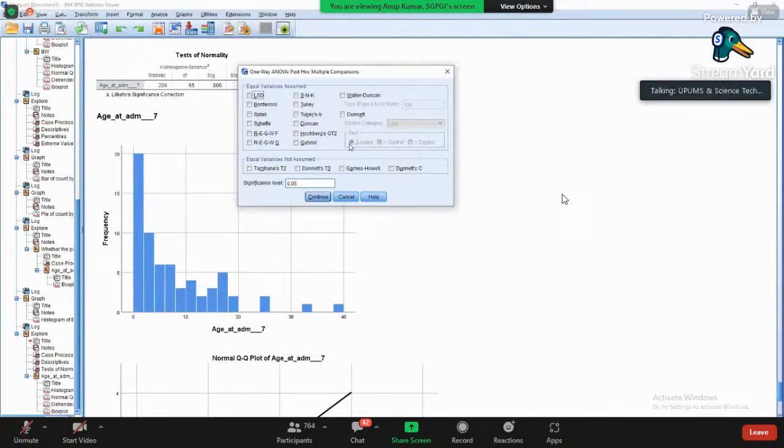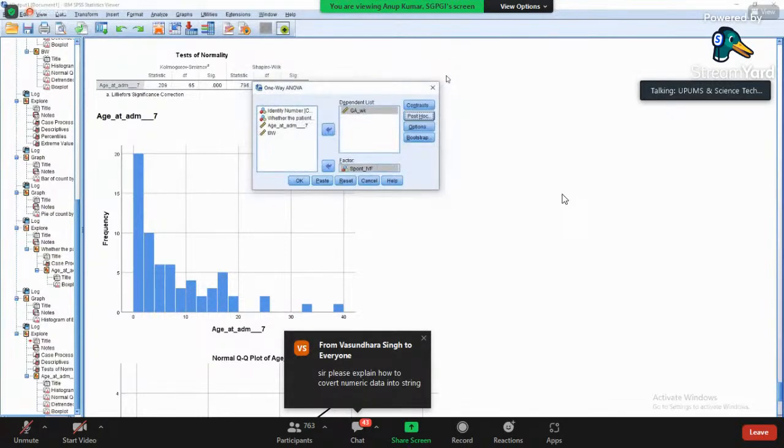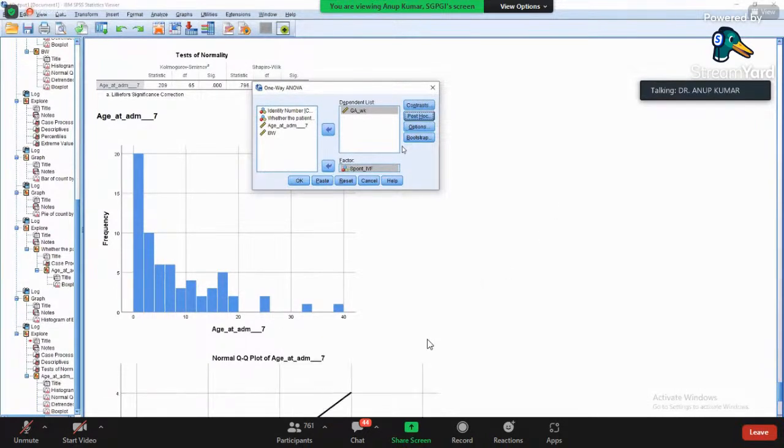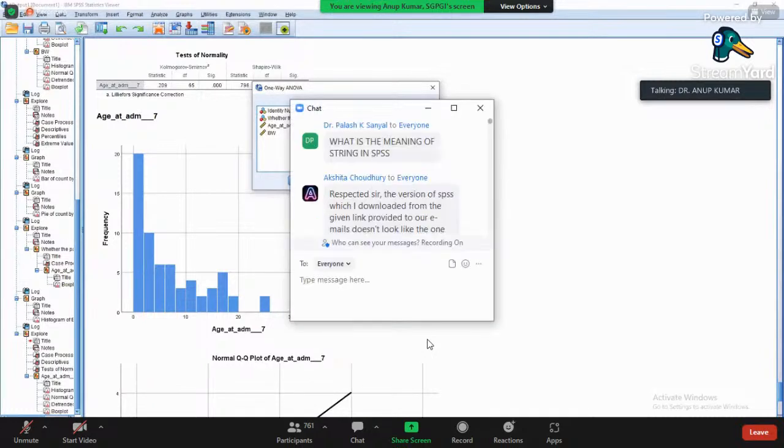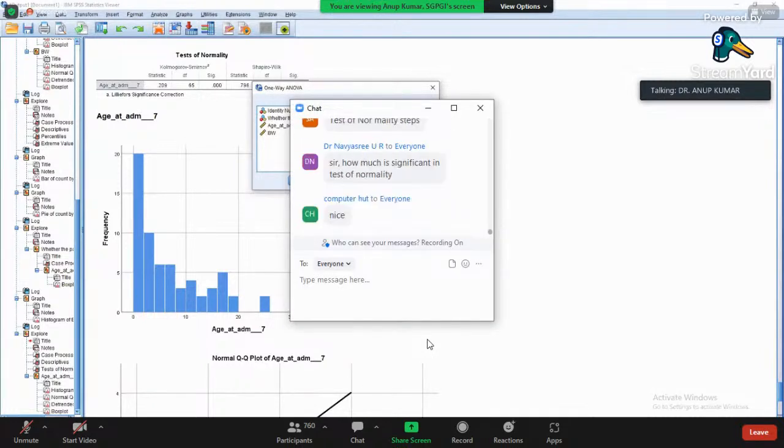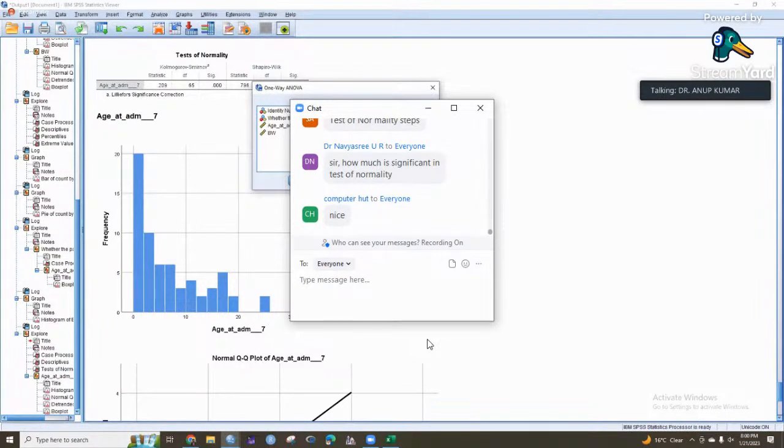The test of homogeneity means checking whether the variance is equal in both data sets.